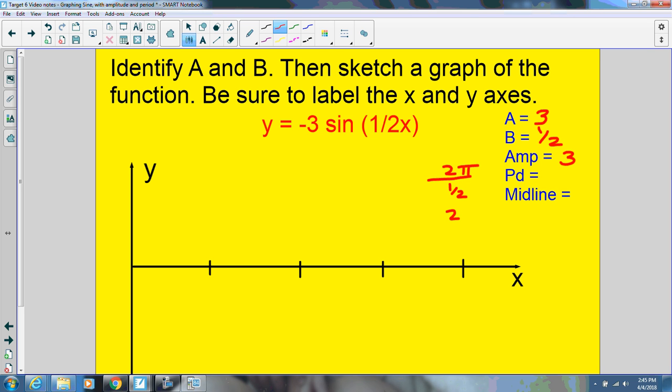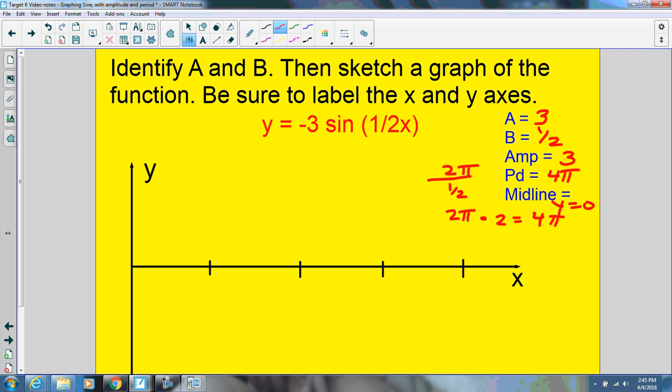Remember that 2 pi divided by 1/2 is the same as 2 pi times the reciprocal of 1/2. That gives me 4 pi, so my period is 4 pi. My midline, again, will always be y equals 0 for right now.